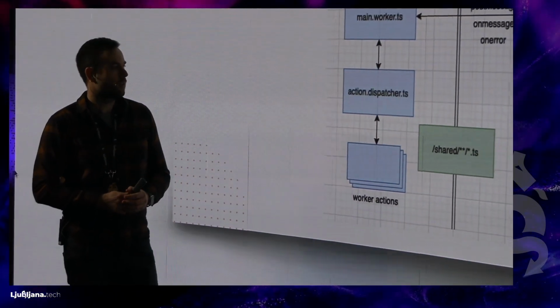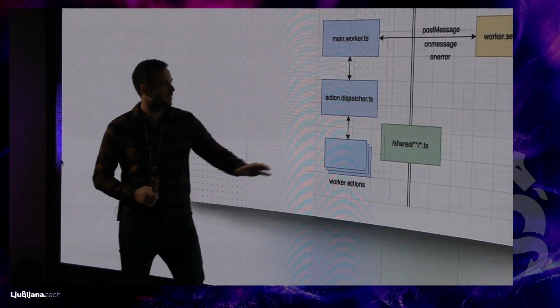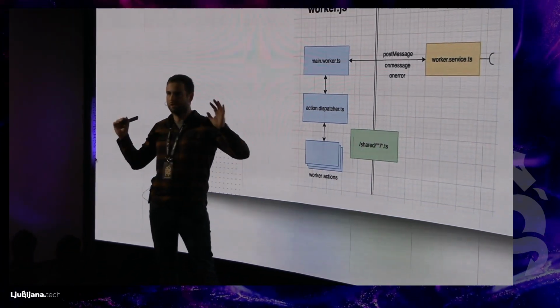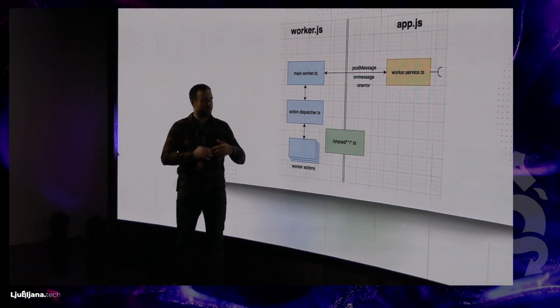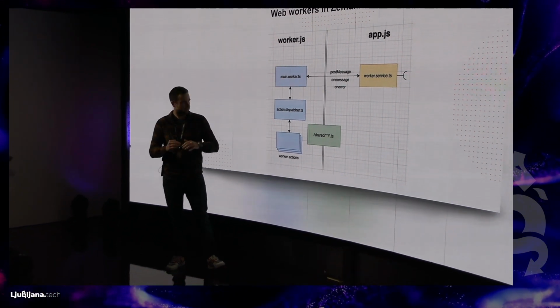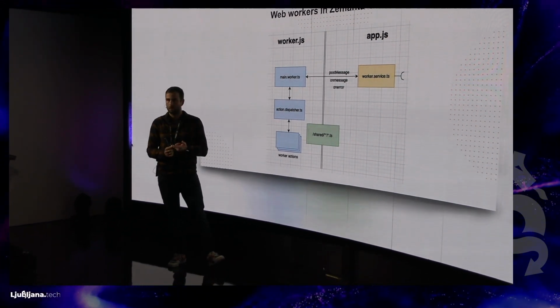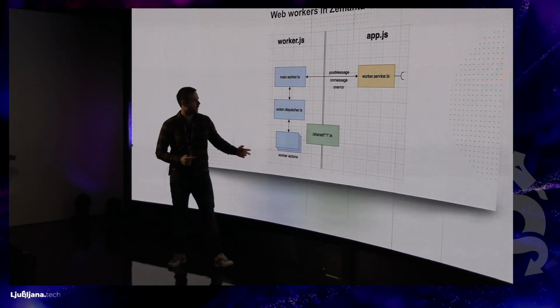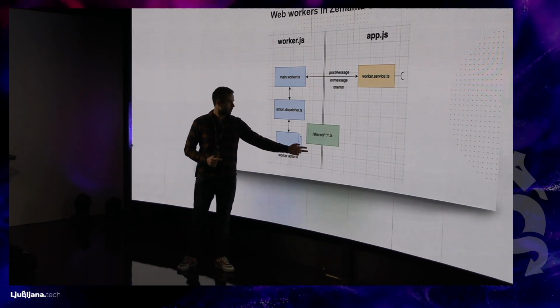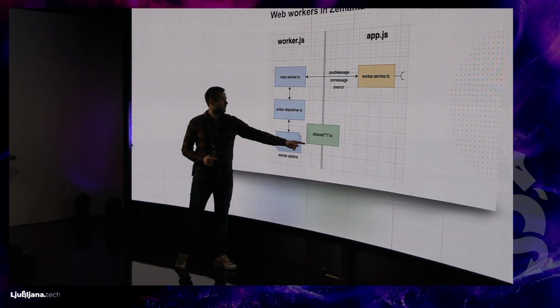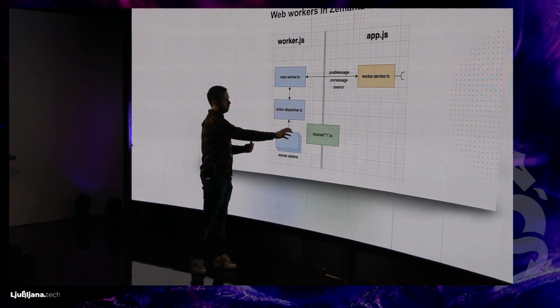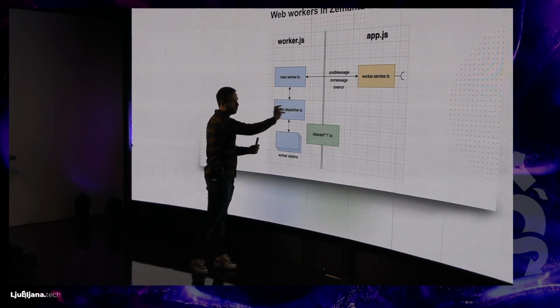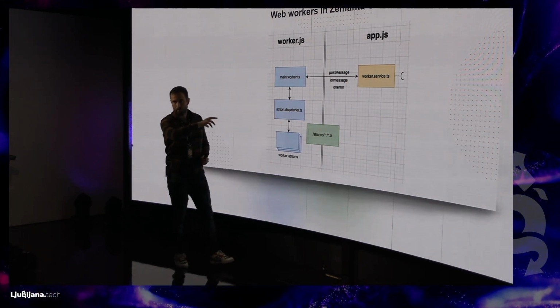What I wanted to achieve is a shared folder to put all this common stuff that can be used in the main thread and in the worker thread in the same place, so defined once but used multiple times. And I configured Webpack, we are still using Webpack for bundling, to put this code into both bundles, the worker and the main thread bundle.